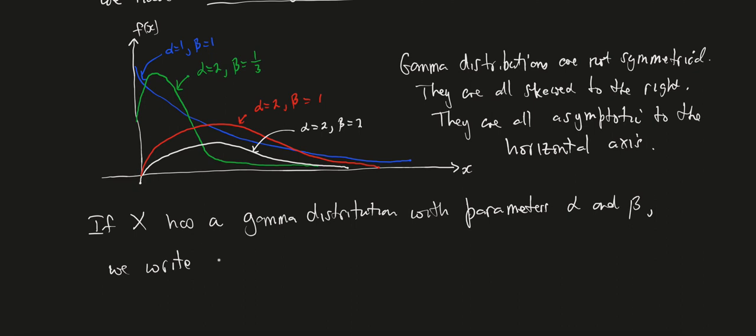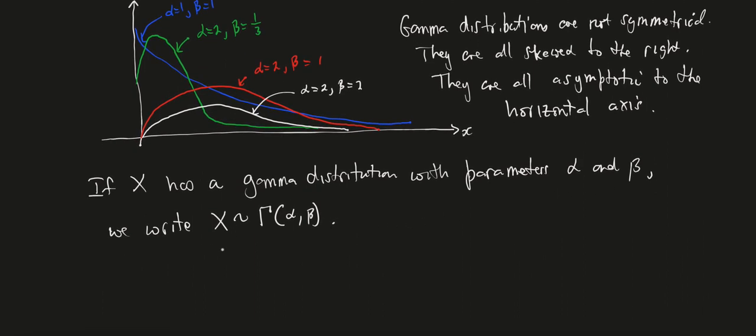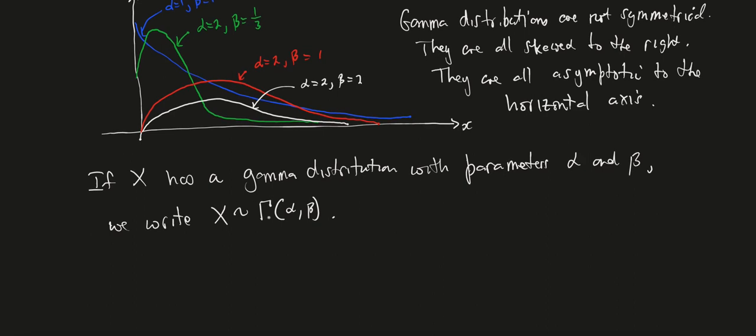And this is where we have to be careful. So x will now tell us that it's a random variable that has this distribution. We're going to use our gamma notation here, right? And then in parentheses, we'll have the alpha and beta. So the alpha is always going to be first, the beta is going to be second. Otherwise, we could just write it out and say that x is a gamma random variable with parameters alpha and beta.